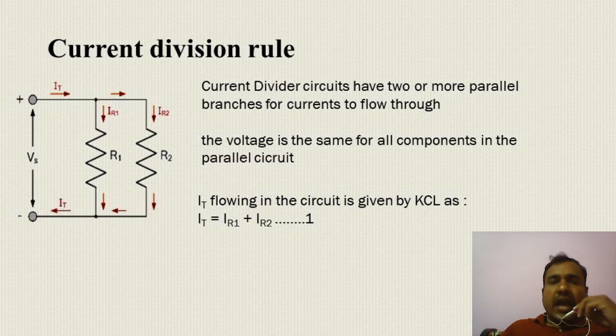So IT is equal to IR1 plus IR2. Here, applying KCL at this junction, IT is the current entering and IR1 and IR2 are the current leaving. So I can write IT is equal to IR1 plus IR2.